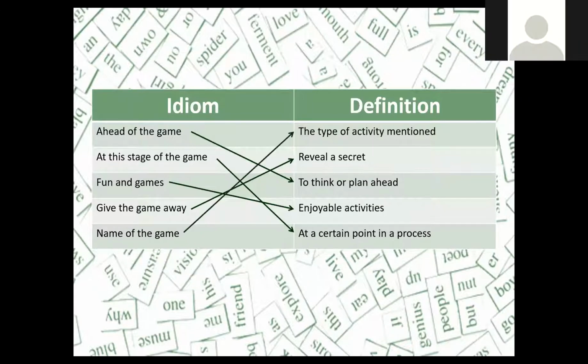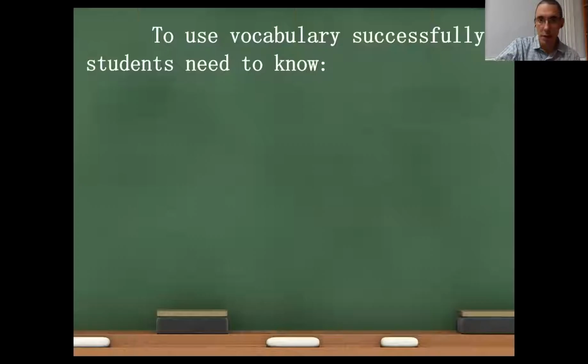The type of activity mentioned. Yes, the type of activity mentioned. So we say, making money is the name of the game, or something like that. So these are different things we can use for connecting vocabulary with meanings in children's minds.